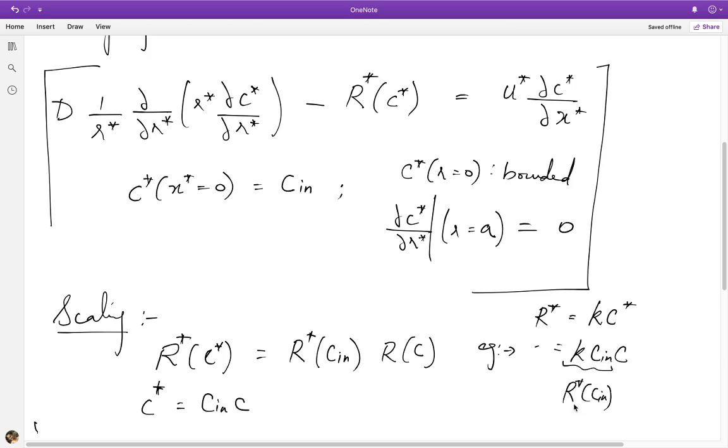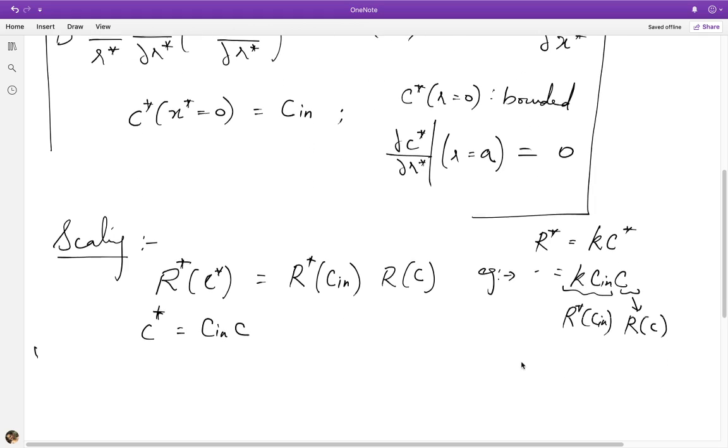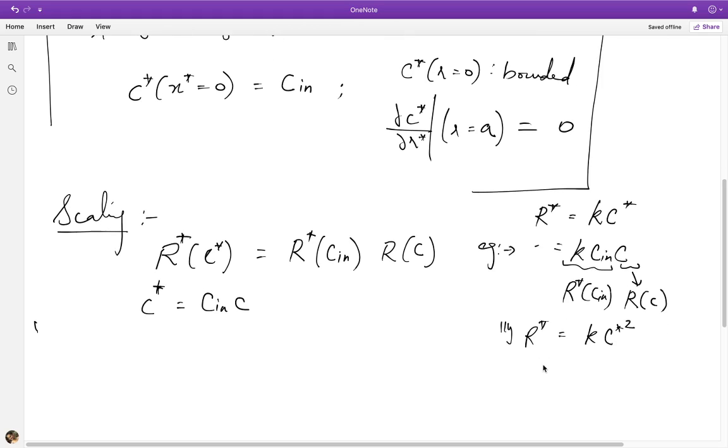So it has dimensions and it's evaluated at C in, and this C is just R of C. Similarly, if R star is a second order reaction, then I can write this once again as K C in square times C square, where again this is R star of C in and this is just R of C.